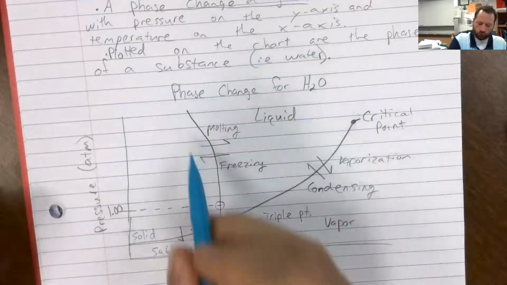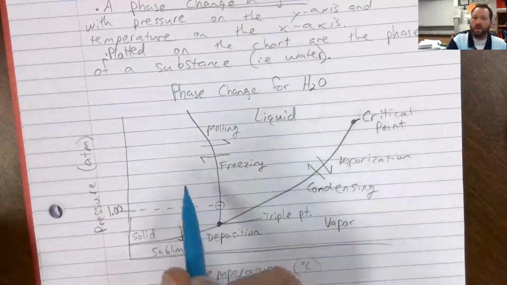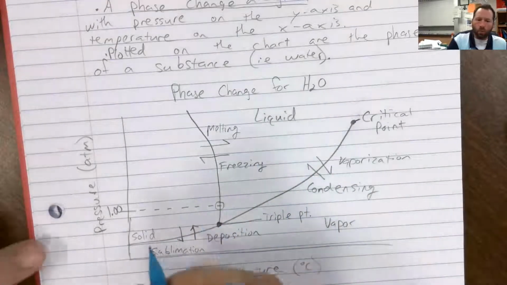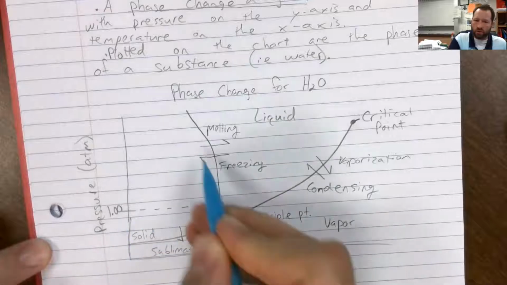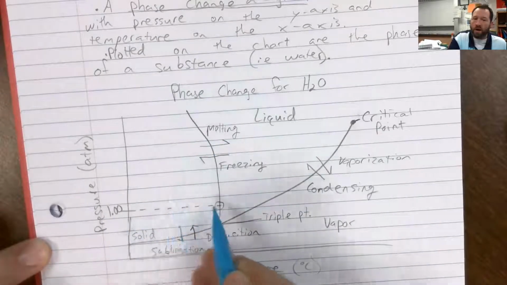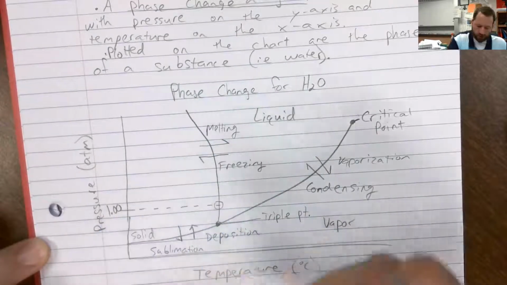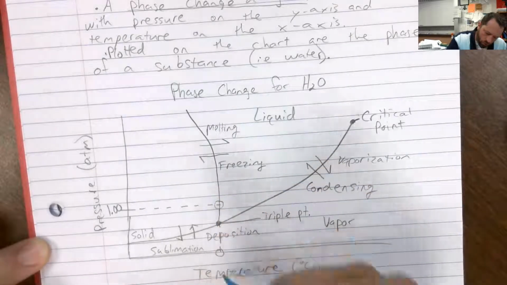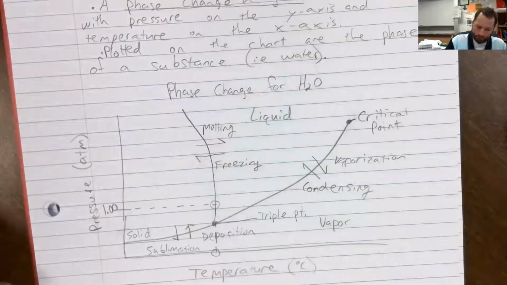Well, that would be wherever you cross from a liquid to a solid, that would be freezing, or solid to liquid, that'd be melting. Wherever you cross this line at 1 atmosphere. So whatever that temperature is, that would be your normal melting point.